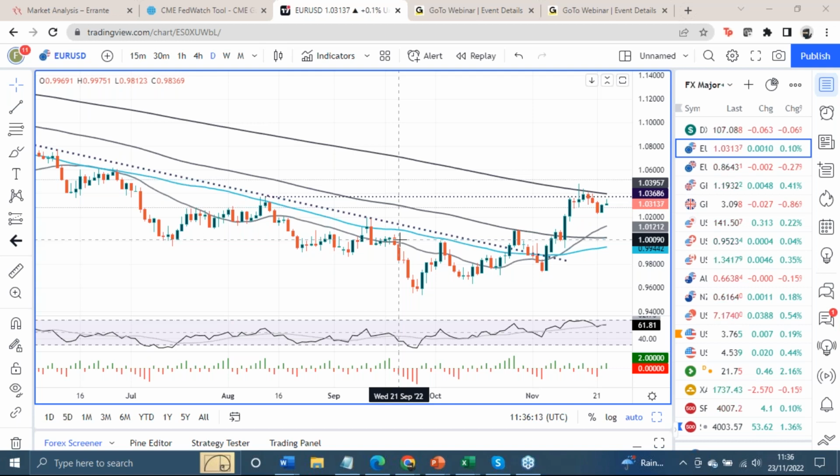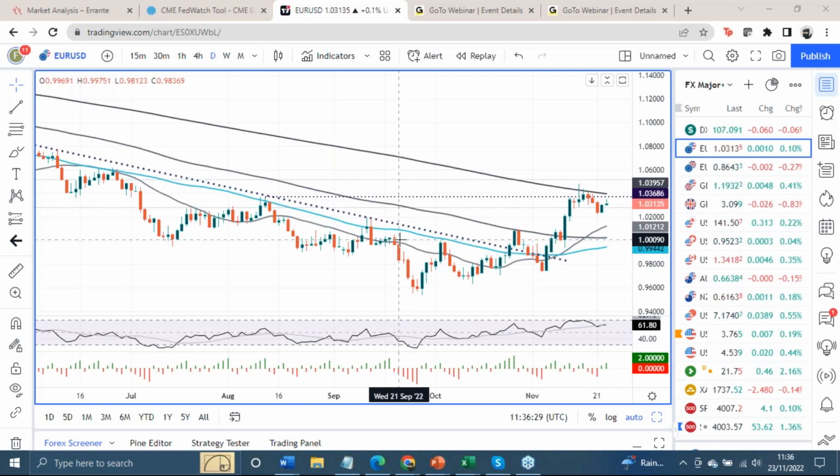So yeah, across the Eurozone in general, not too much major other news to shift the economic narrative, if you like. Inflation is still high, 10.6% in October, and expectations for economic conditions to remain weak.